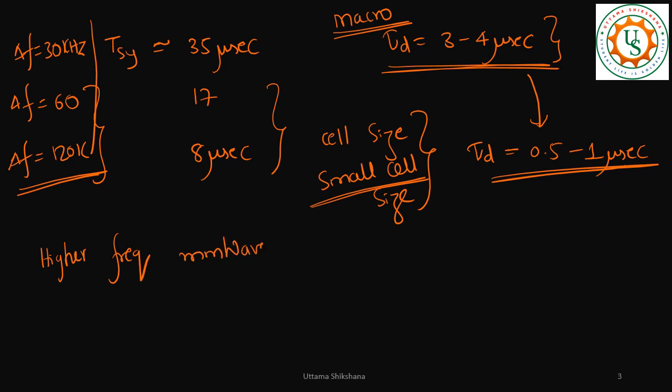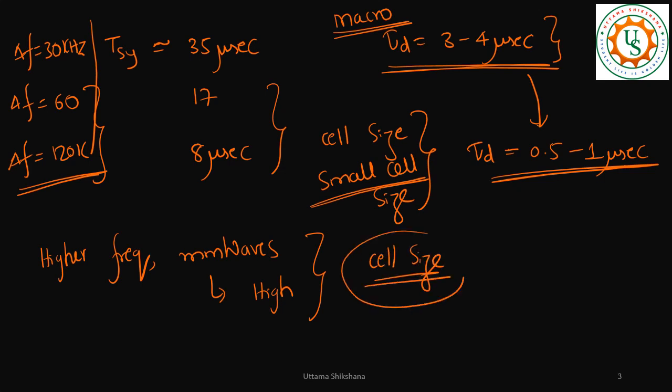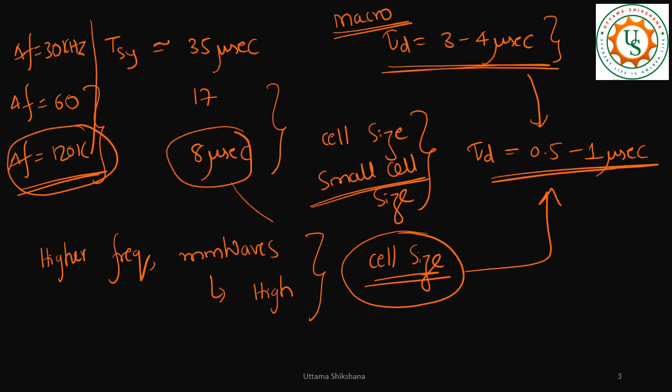What are the problems? We have high attenuation, as the signal gets attenuated much faster, so our base stations or cell size should be smaller. In a small cell, tau d is smaller, so even if we increase delta f, that 8 microsecond symbol duration is far greater than tau d, and it satisfies the condition for the design of delta f.